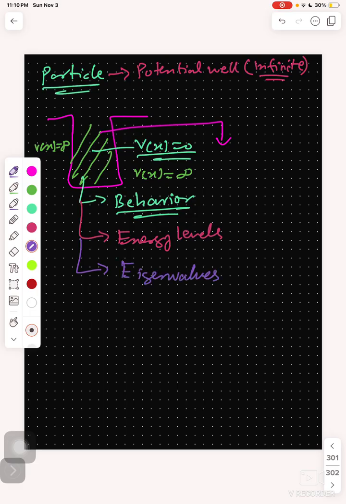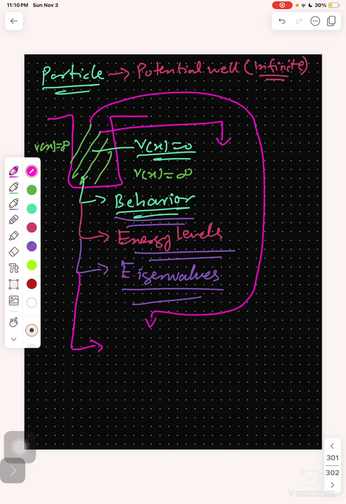When we work out how the particle will behave in this, we get psi of x equals square root of 2 over a times sine of n pi x over a, and it equals 0 at the boundaries.